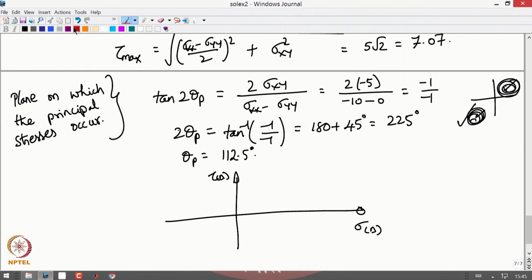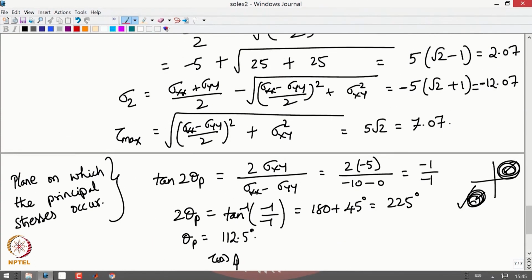Now, sigma y is 0 and sigma x is minus 10, say, and this is 0, and my shear is negative at the sigma xx location.